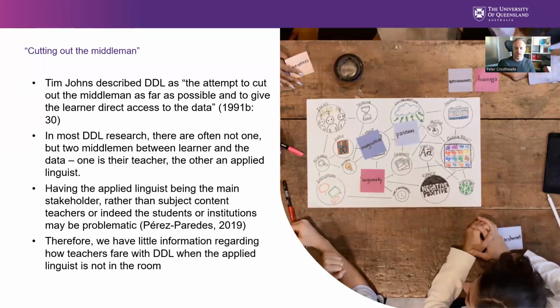It can lead to results where, when the applied linguist leaves the building, leaves the room, then the DDL intervention stops. There's no need for the teacher or the school or students to keep going because they're no longer under the scrutiny of the researcher, and they may just go back to doing the things that they used to do before.